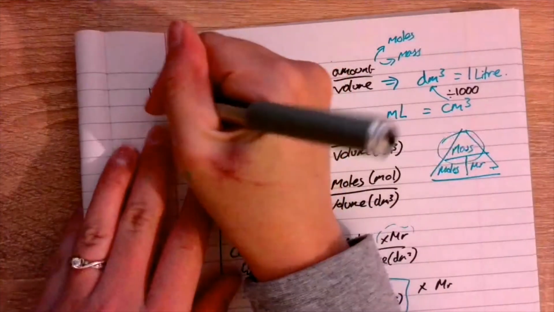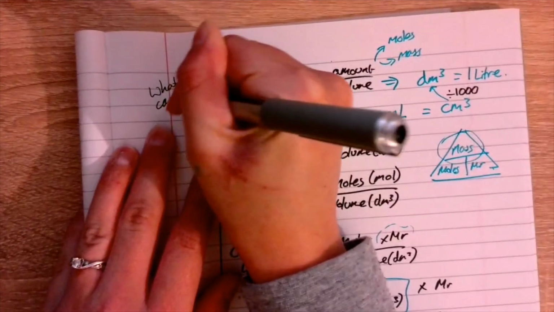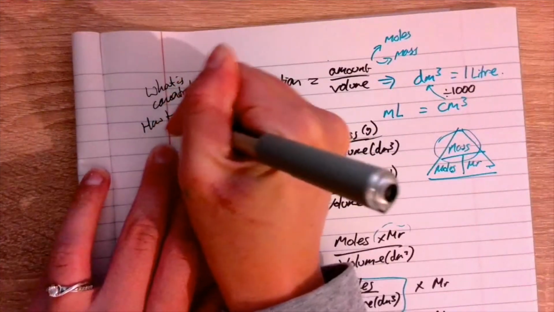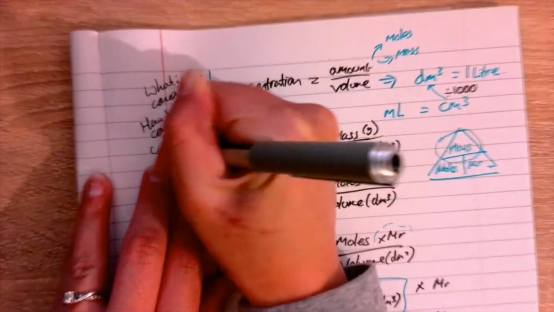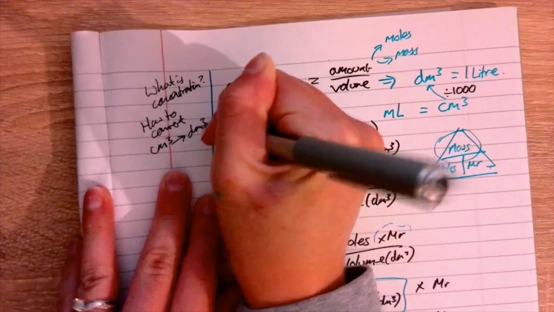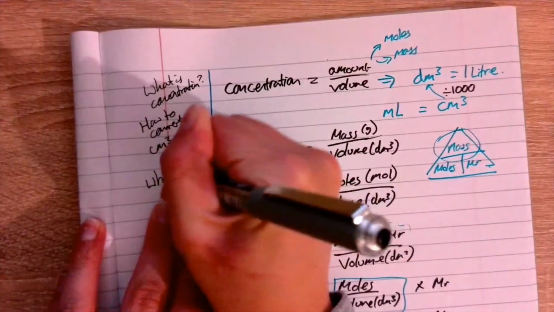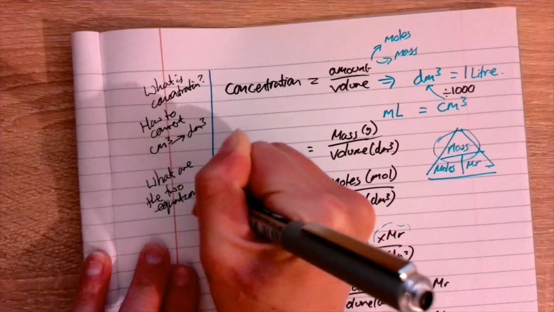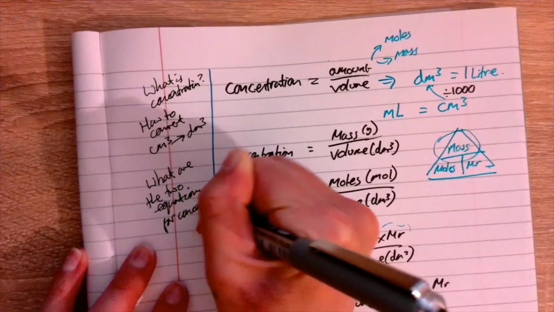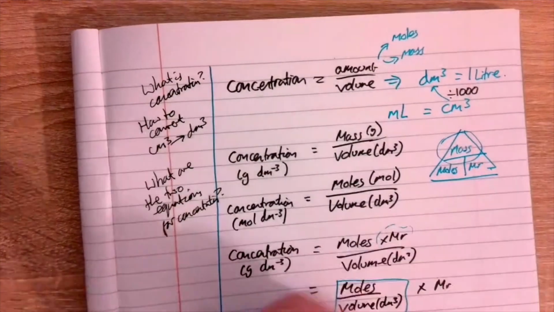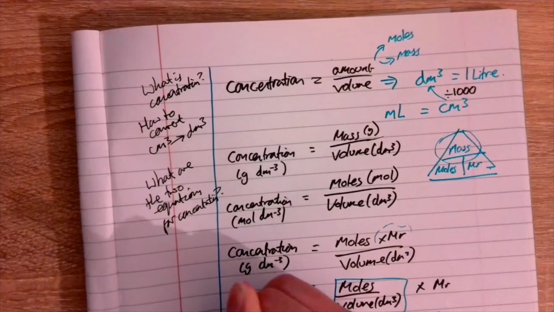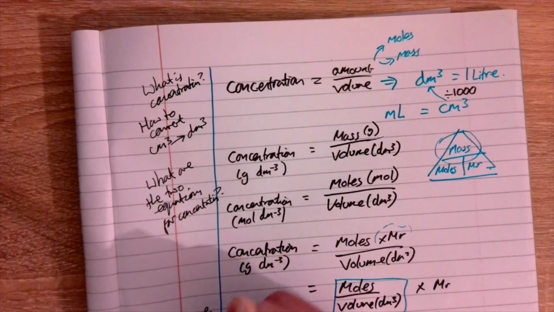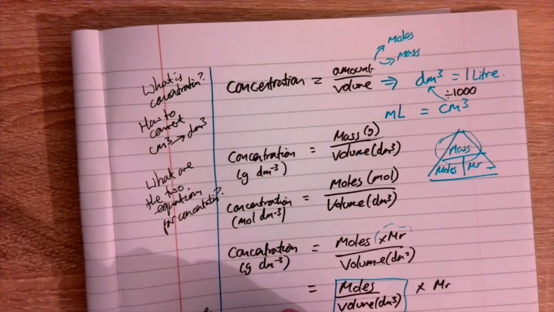So here we looked at what is concentration. We looked at how to convert centimetres cubed to decimetres cubed. We looked at what are the two equations for concentration. We looked at how can we link the two equations for concentration.